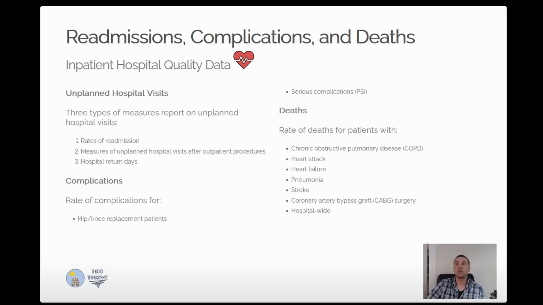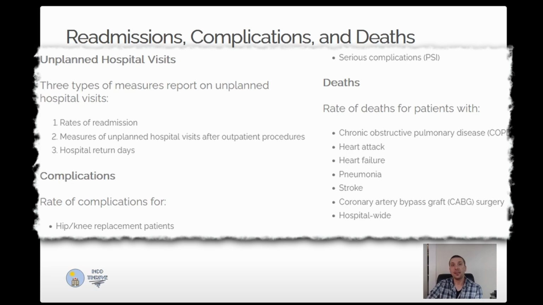Now we're moving on to readmissions, complications, and deaths. This is a combination of 2 data sets that CMS currently produces, 1 being readmissions or unplanned hospital visits, and 2 complications and deaths. For unplanned hospital visits, 3 types of measures: rates of readmission, measures of unplanned hospital visits after outpatient procedures, and hospital return days.